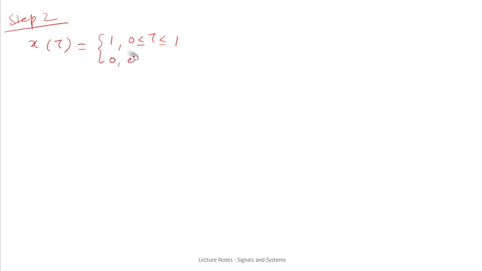In writing x(tau), you just have to replace the variable t with tau, and now in writing the expression for h(t minus tau), you can do it in this way.